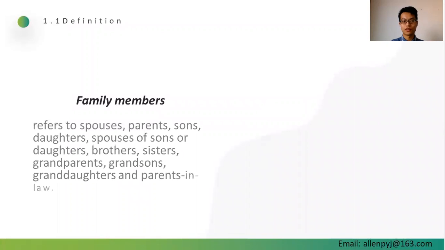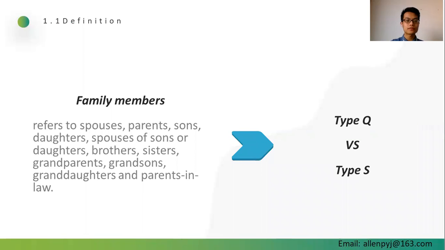First of all, let's take a look at the definitions, which are important and you have to understand. Family members refers to spouses, parents, sons, and daughters, etc. If any one of them will come when you work in China, then you have to apply for a Type Q or Type S visa to enter China.